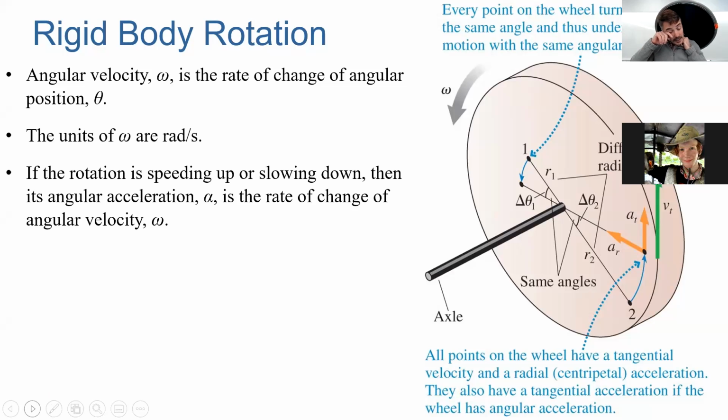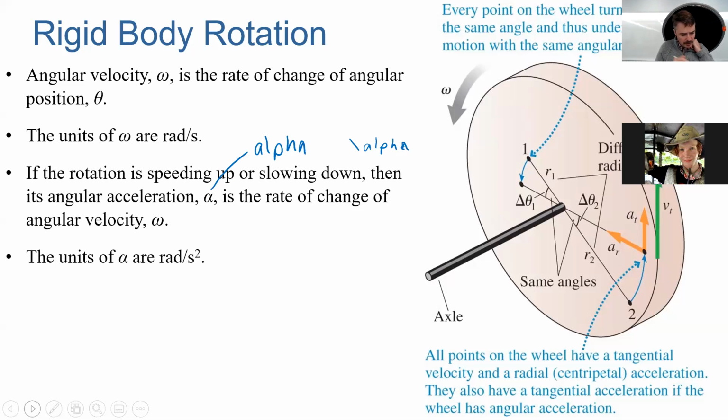And then there's this other thing. If the rotation is speeding up or slowing down, then it has angular acceleration, alpha. So that's not an a, that's an alpha. And you was saying that you can probably just type \alpha on Mastering Physics, and then it'll accept that. So that's a good pro tip.